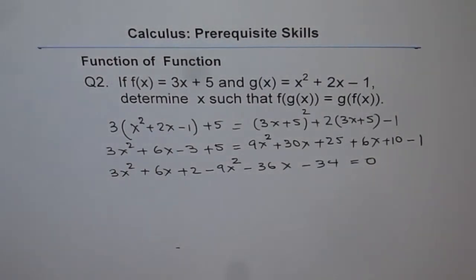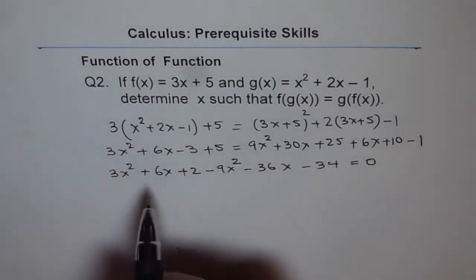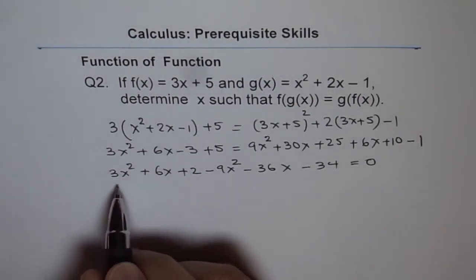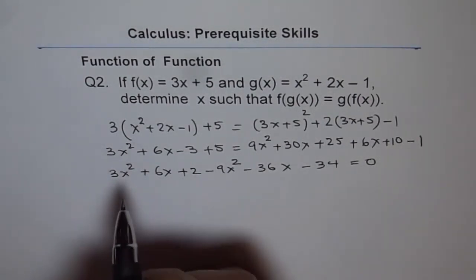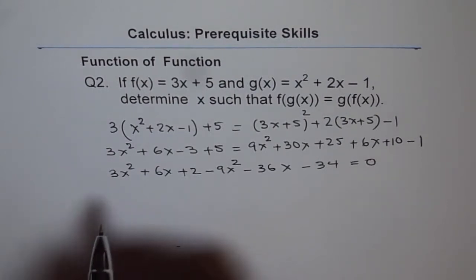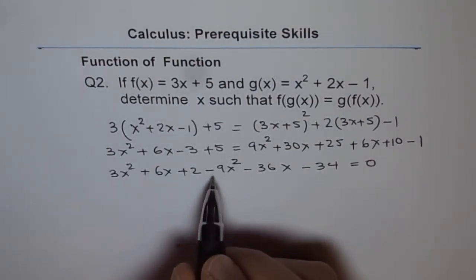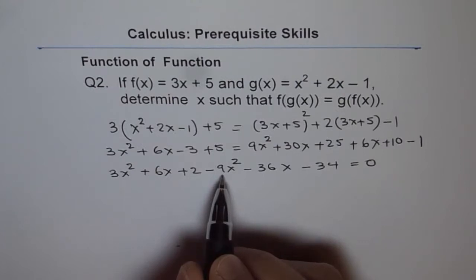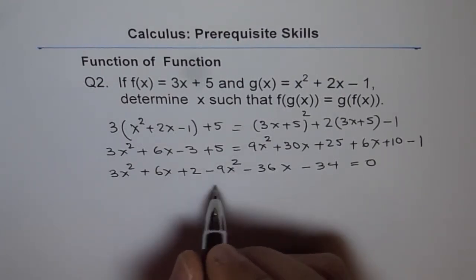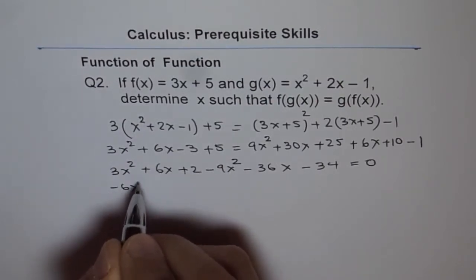So that is this equation. Now let's rearrange and get our terms, writing them in increasing order. We have 3x squared and minus 9x squared will give us minus 6x squared, correct?